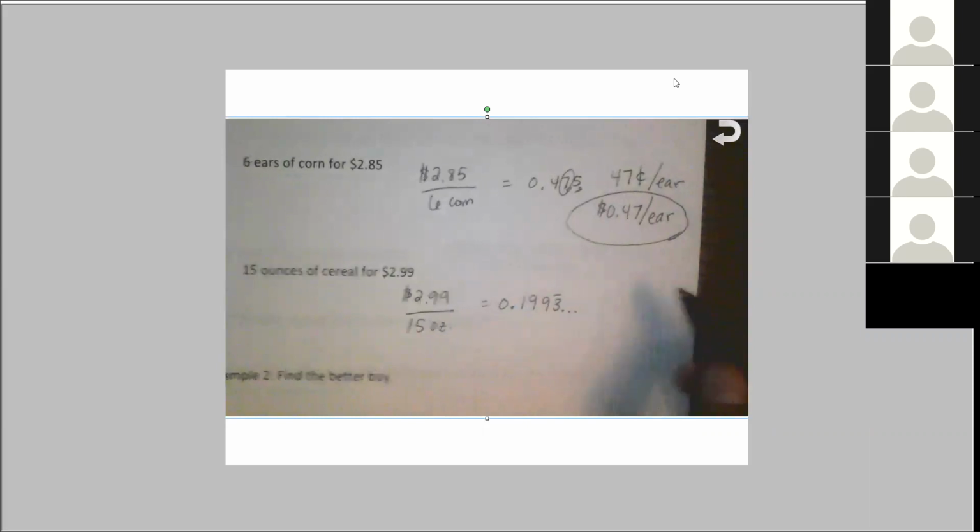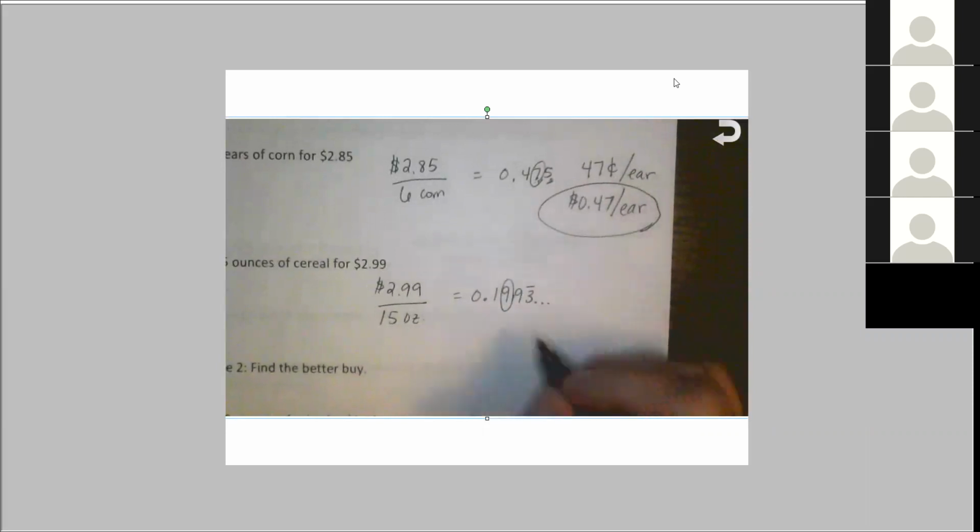I've got to show money out to the nearest cent, which is the hundredths place. So I look at the number directly behind it, 5 or more. We're going to round that up. So that would actually round up to 20 cents, and that's per ounce. Okay, 20 cents per 1 ounce of cereal.